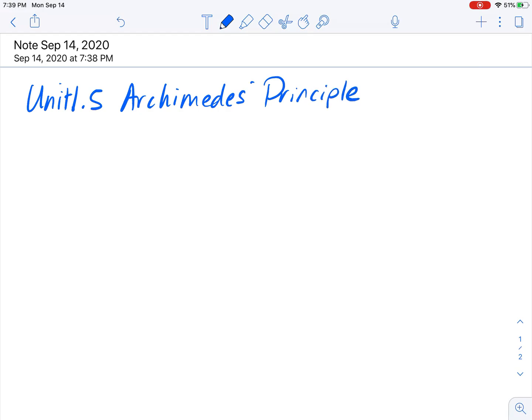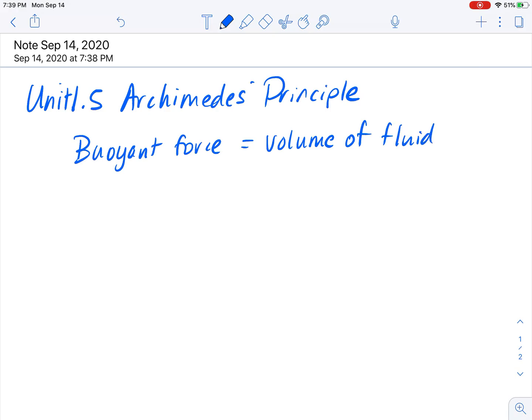Archimedes' principle states that the buoyant force on an object is equal to the weight of the water displaced. Or I should say fluid, because it might be a fluid other than water, like oil or alcohol.